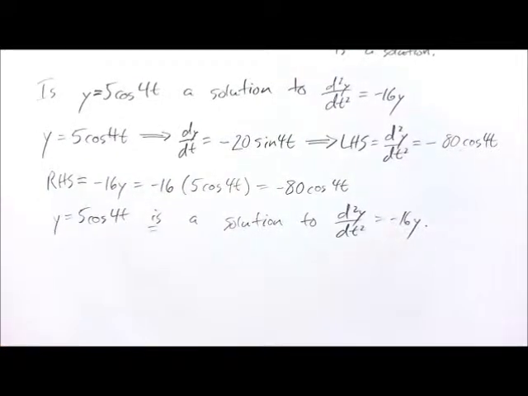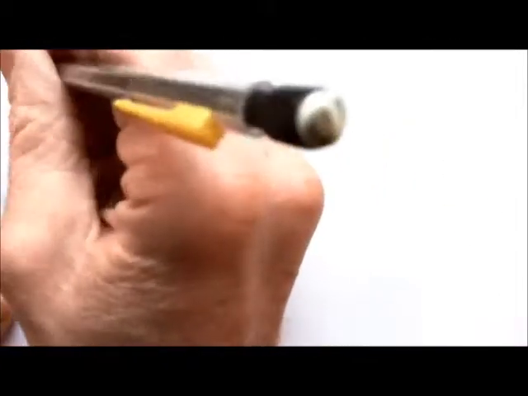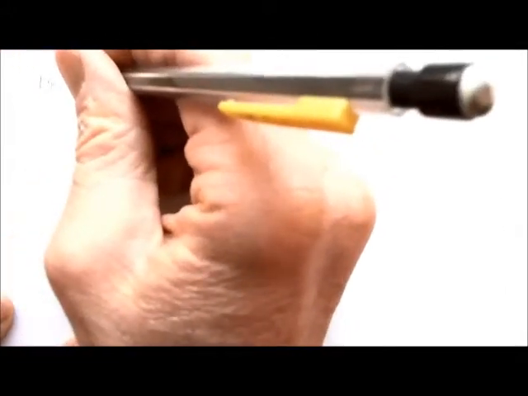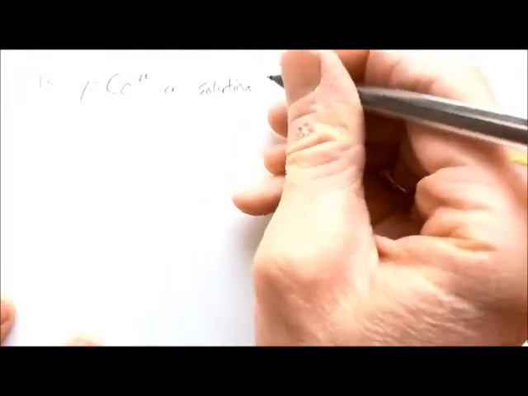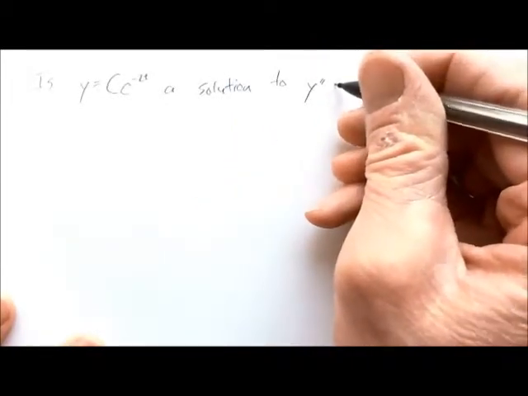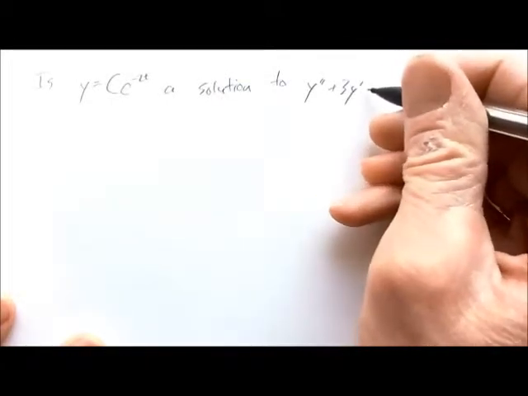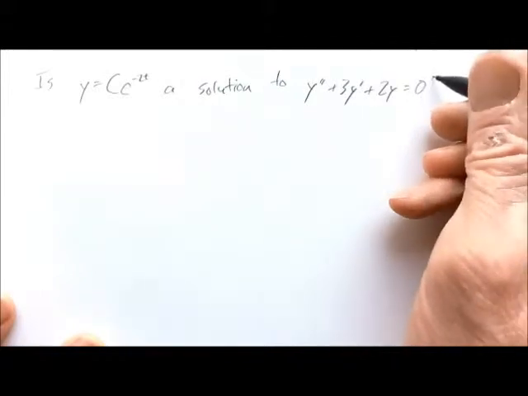All right, let's look at one more of those on this video, and then we'll move to another video of more of the same. So let's ask the question, is y equals c e to the minus 2t a solution to y double prime plus 3y prime plus 2y equals 0.